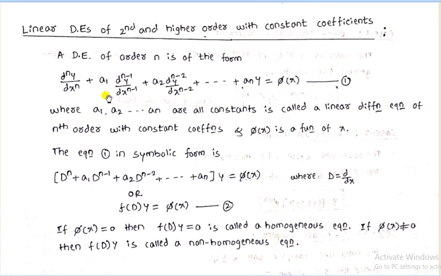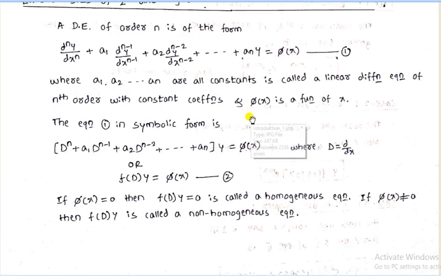Here a1, a2, a3, a4 up to an are all constants, and it is called a linear differential equation of nth order with constant coefficients, and here phi of x is a function of x.